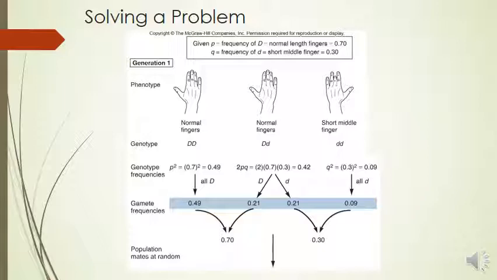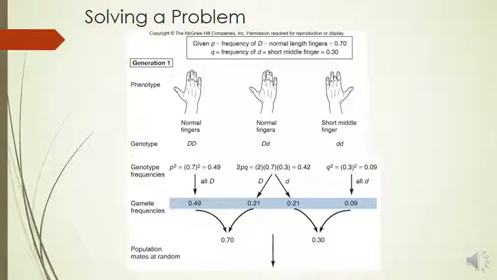We can deduce the frequencies of the dominant and recessive alleles by observing the frequency of homozygous recessives, because this phenotype, short finger, reflects only one genotype. If 9 out of 100 individuals in a population have short fingers, genotype dd, homozygous recessive, the frequency is 9 out of 100, or 0.09.